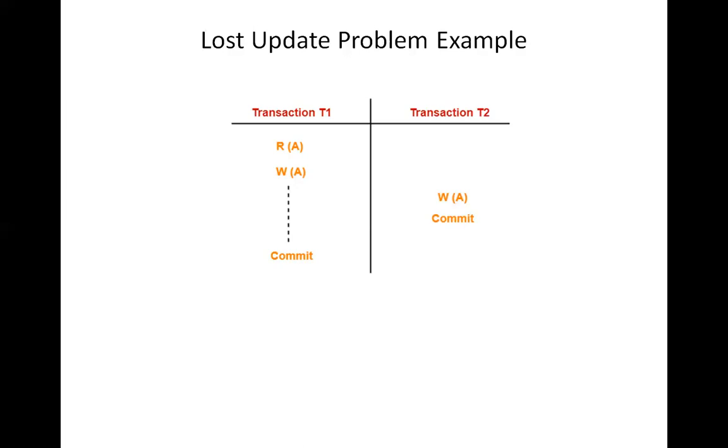In the write-write conflict, there are two writes, one by each transaction on the same data item, without any read in the middle. So, this type of problem is called lost update problem.